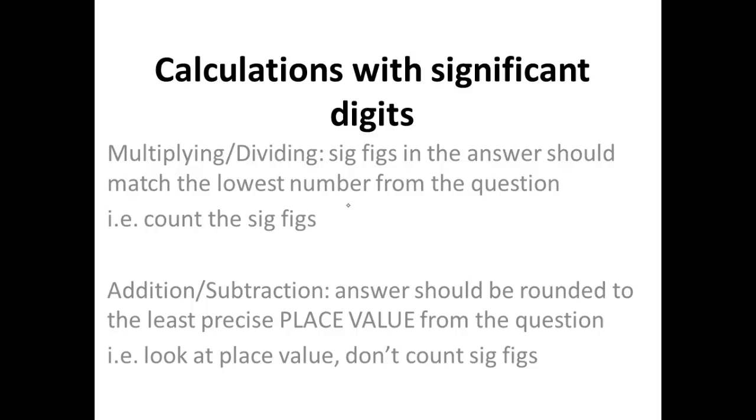For multiplying and dividing, the sig figs in the answer should match the lowest number of sig figs from the question. In other words, count the sig figs.